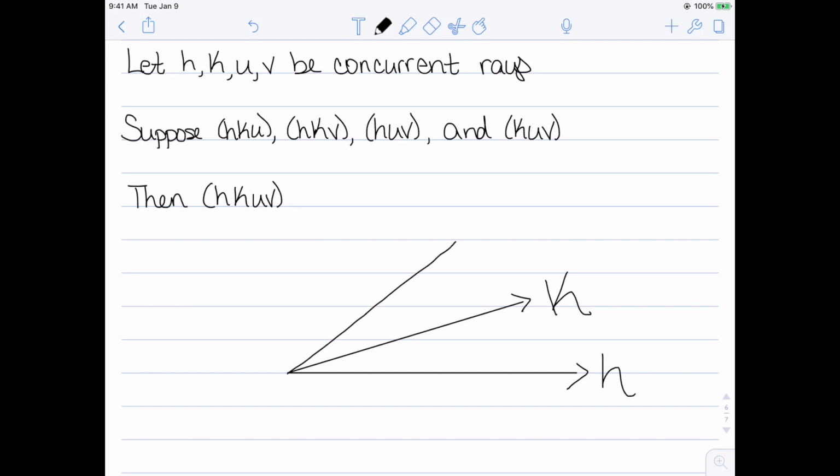And if I try to drop one of these, it is possible for this not to hold because I may go over 180 degrees, in which case I would have to measure the other way around, which would break my betweenness.